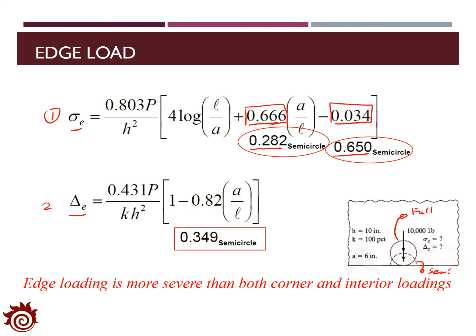And the second equation shows the estimation of the maximum deflection. Similarly, the coefficient 0.82 is for the full circle edge load, and the second one, 0.349, is for the semicircle edge load. In most situations, the edge load is more severe than both corner and interior loadings.